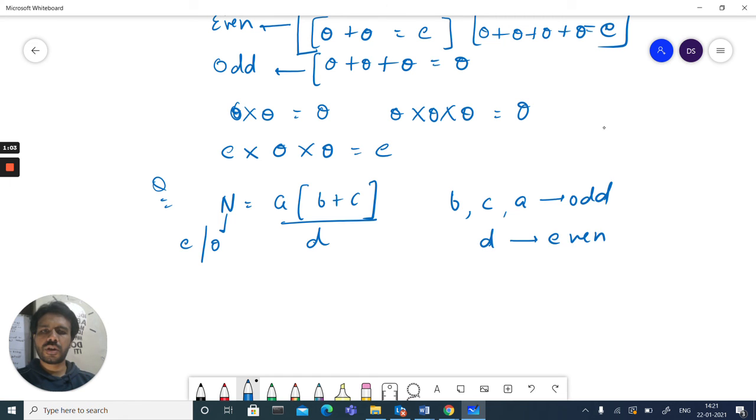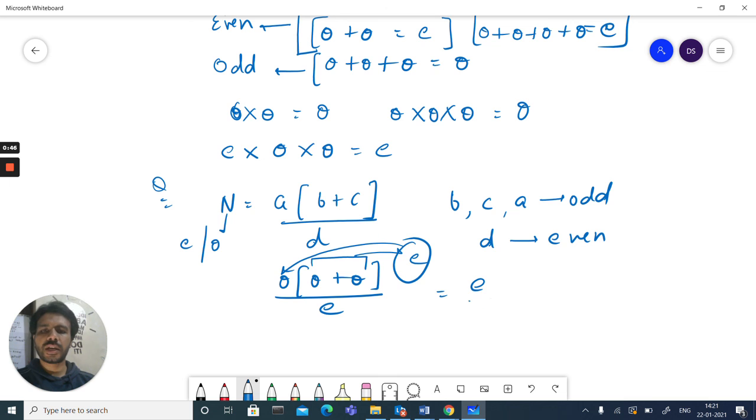Now, if I write it, it is odd into odd plus odd, divided by even. This summation will give you an even number, and when this even number is multiplied with the odd, it gives you an even.